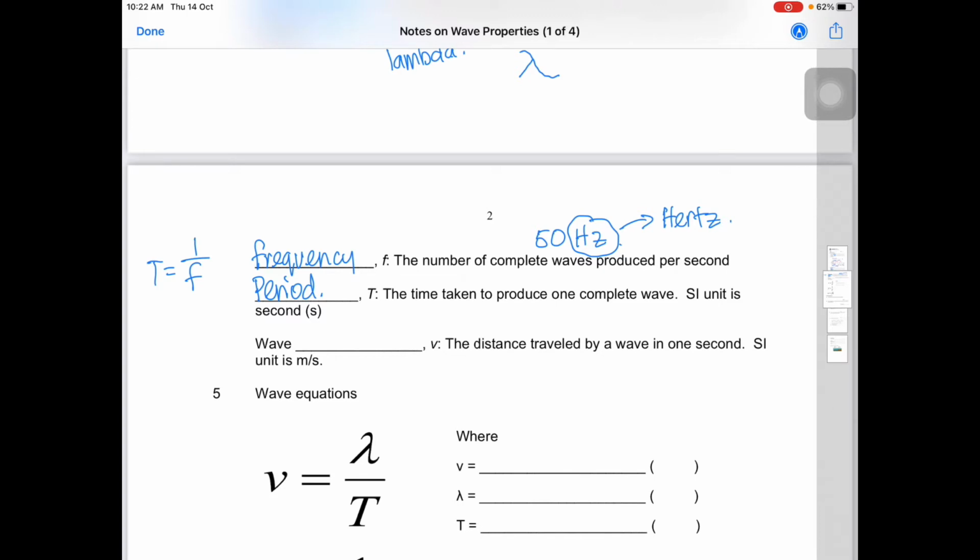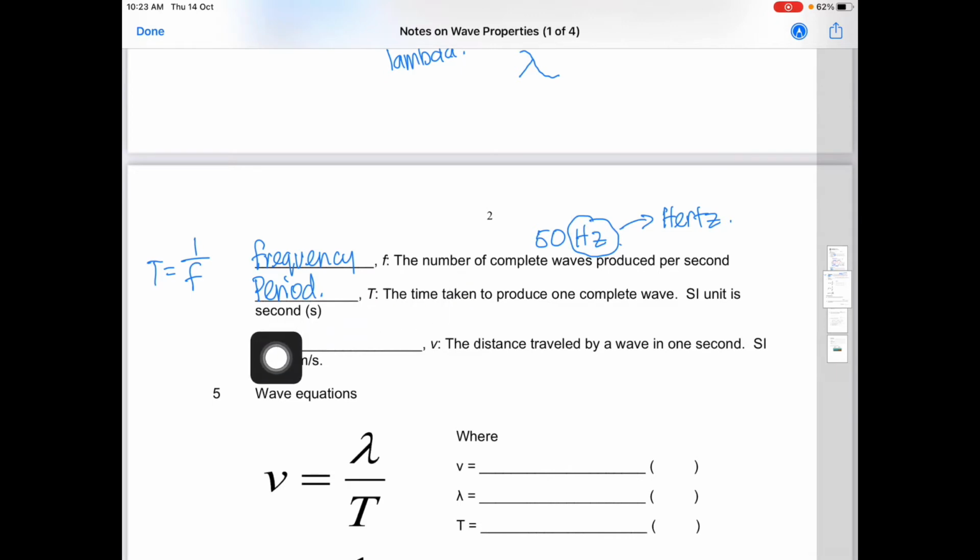It kind of makes sense, right? If 1 second has that many waves, if you invert that, that would mean that's the time taken for one wave. Go think about that. I can see the clock symbol counting down as you think about that, but don't worry, you'll get it.